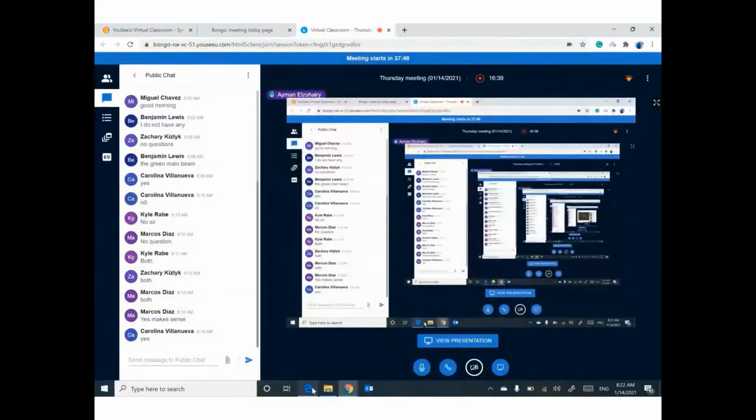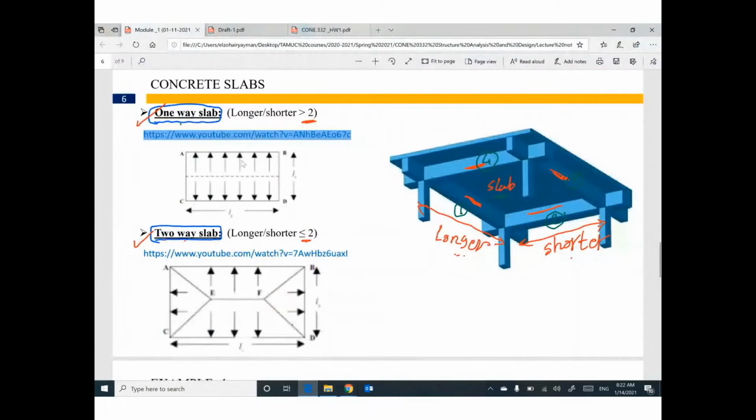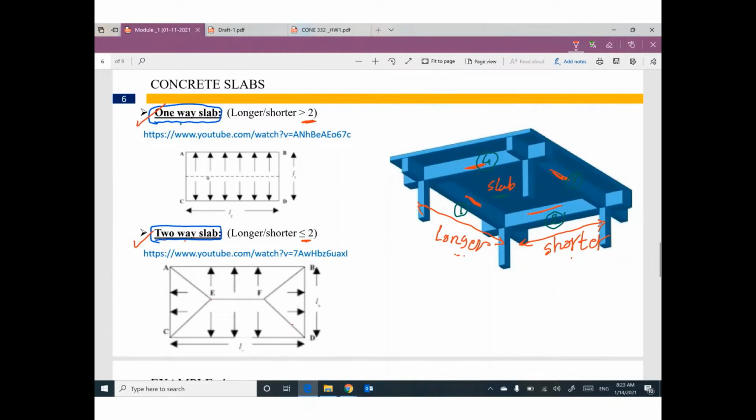So, if we have a one-way slab like this one, we have a rectangle here, with beam number 1, beam number 2, beam number 3, and beam number 4 around this rectangle.